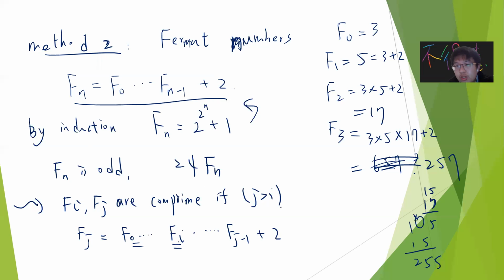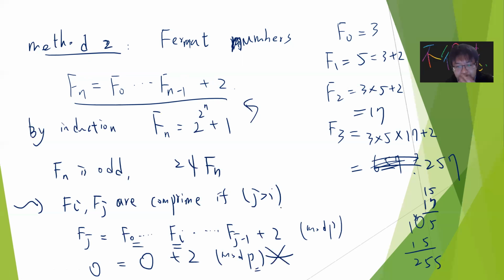So there is no possible way for there to be another common prime, because any prime divisor of both Fi and Fj must be odd. Suppose P is a prime which divides Fi and Fj. Then you take the equation mod P and get 0 equals 0 plus 2 mod P, but P is odd, right?